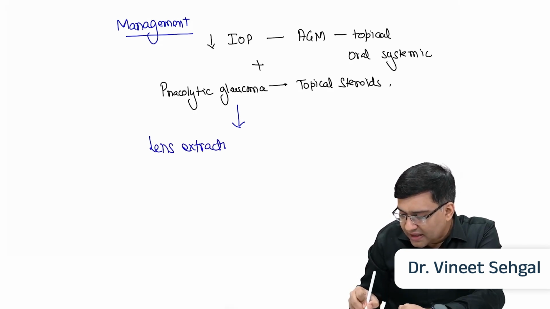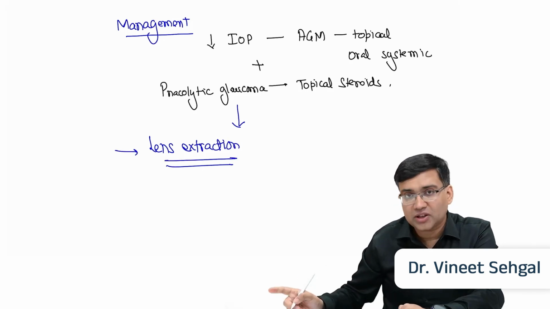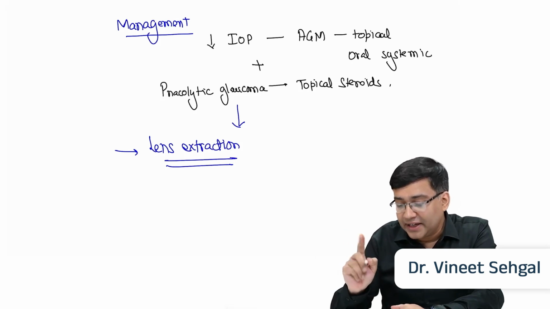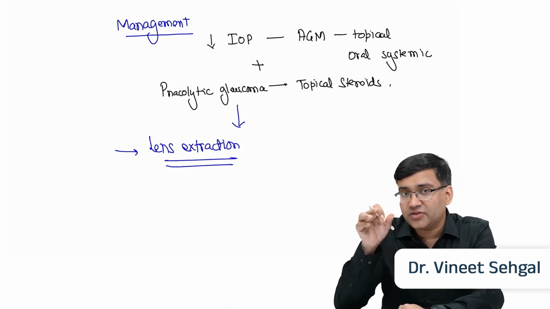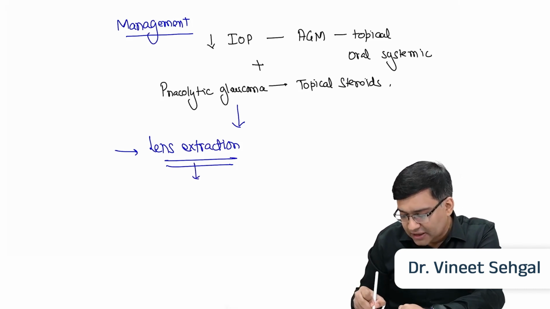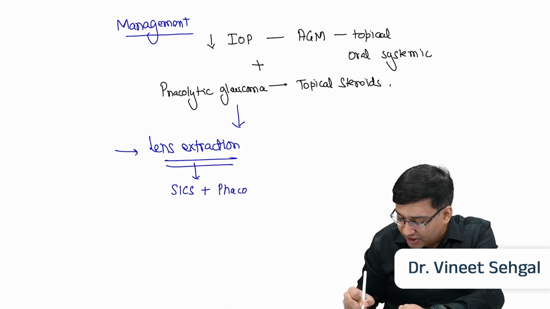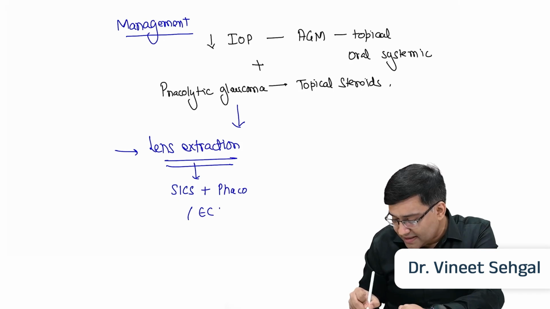Okay, so unless you remove what is the cause of this glaucoma, it will not be controlled. The cause of this glaucoma is not decreased outflow from the trabecular meshwork initially. The cause is because of the lens. So you have to do a lens extraction by a small incision cataract surgery. Some experienced surgeons may also go for a phacoemulsification surgery or even ECCE or ICCE in extreme cases.